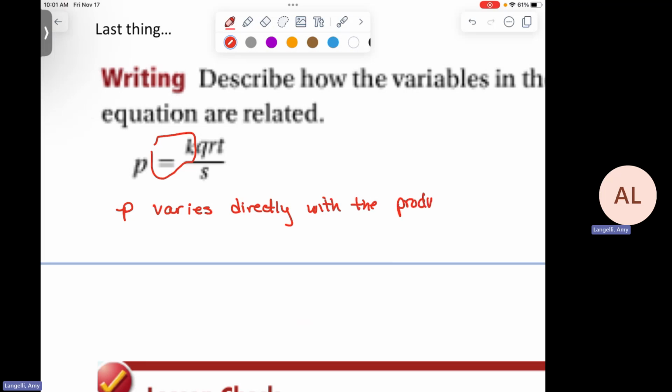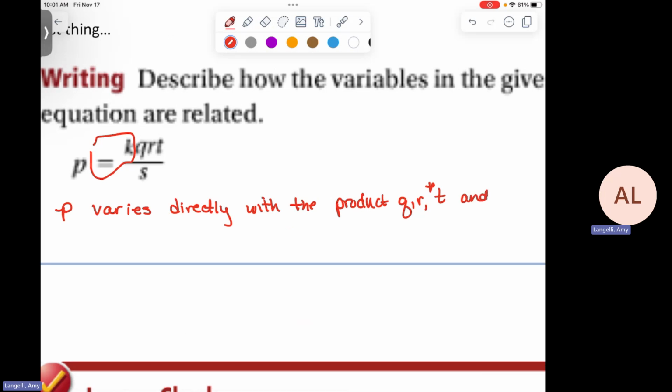Yep, you guys are getting it. The product of Q, R, and T. Inversely. Okay, we made it through. All right, good.